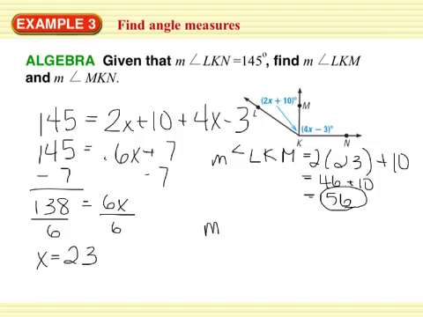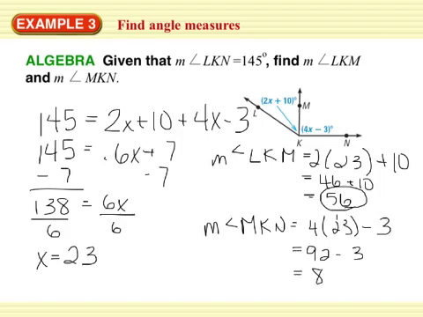The measure of angle MKN, I'm going to plug in 23 for x, minus 3. 4 times 23, 4 times 3 is 12. 4 times 2 is 8, plus 1 is 92, minus 3 equals 89 degrees.